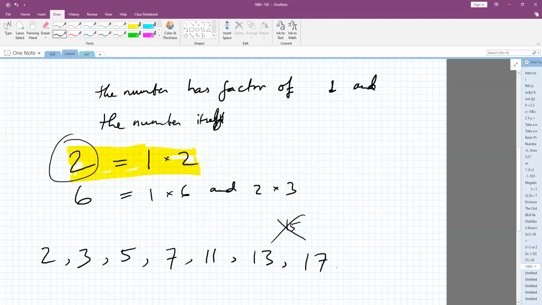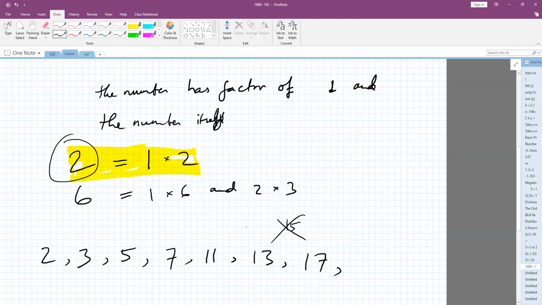Now, what is the next prime number after 17? Actually, there is another smaller number after 17. 22? No, 22 is not a prime number.